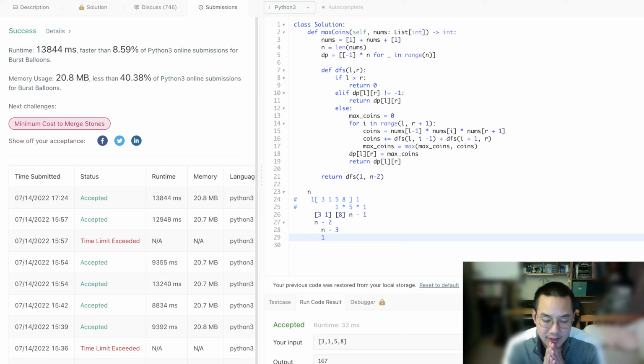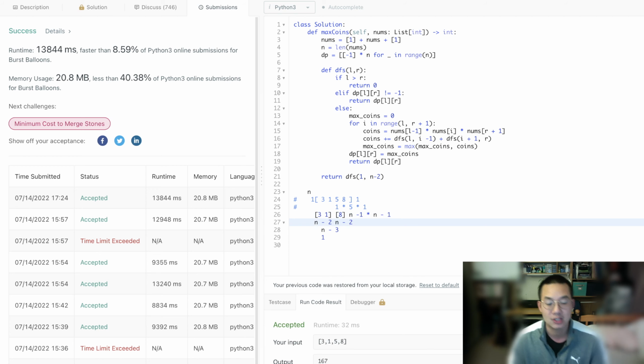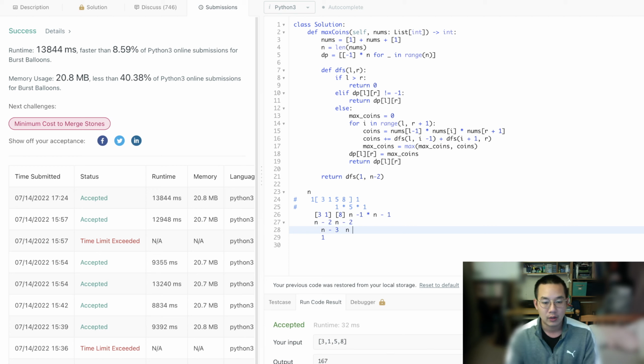But the thing about it is that this is not just n minus 1 operations. We're doing n minus 1 times n minus 1 operations. And this is n minus 2 times n minus 2 operations because we're doing that for loop within the recursion, remember? So n minus 3 times n minus 3, and this is 1 times 1, which is 1.